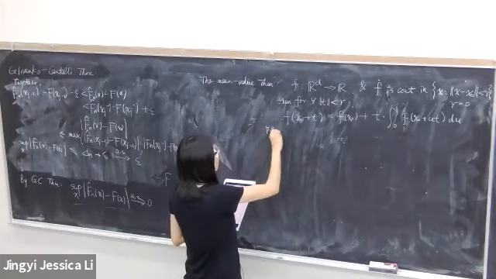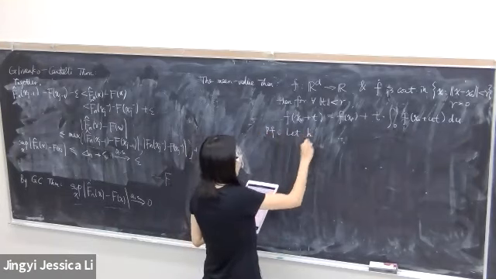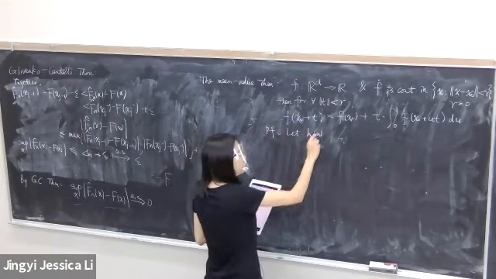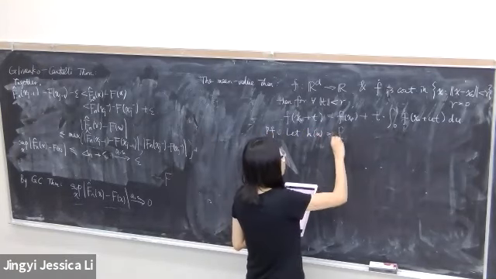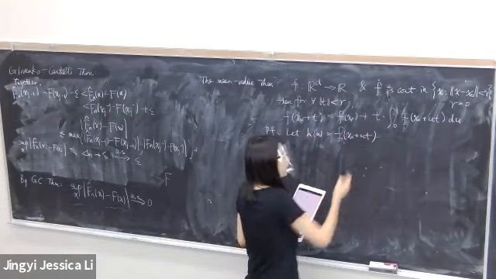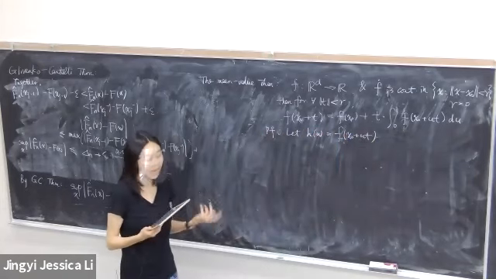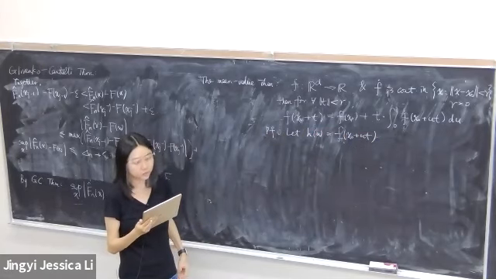Let me define this h function as a function of u, where u goes from 0 to 1, defined to be f(x0 plus ut). In this definition, I consider x0 to be fixed and t to be fixed, so I just vary u.